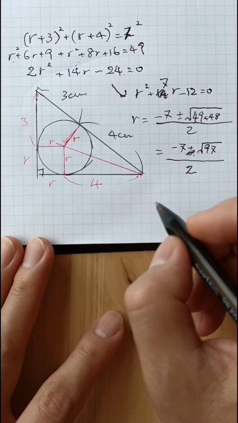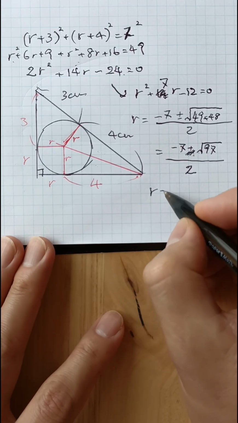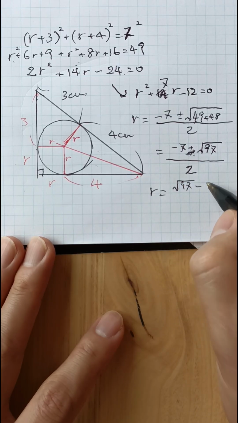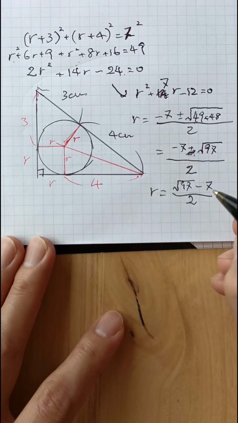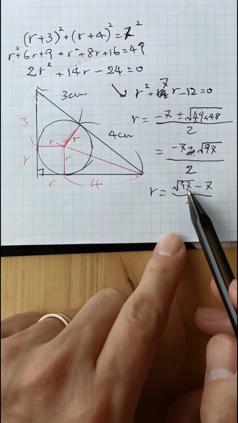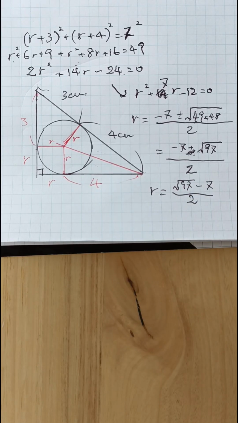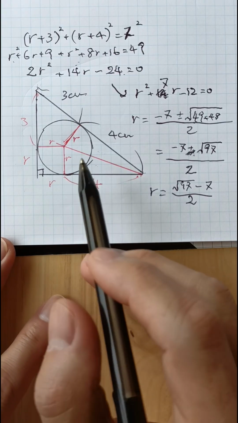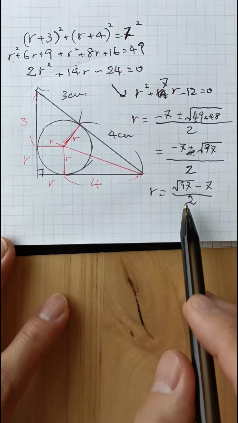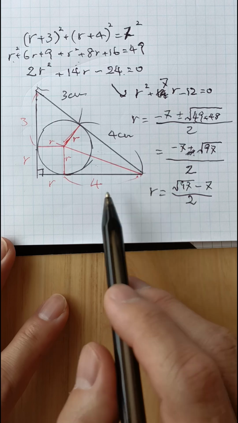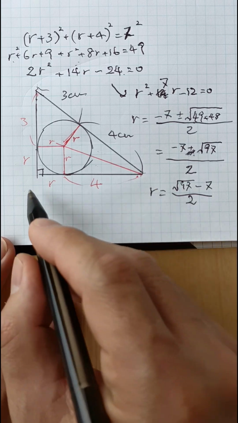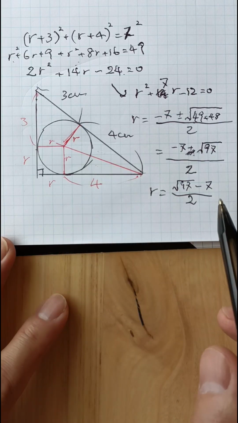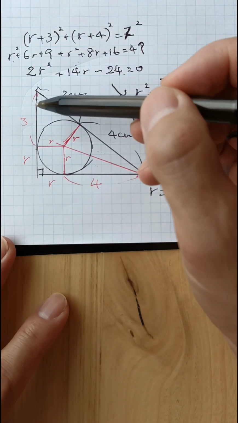So R should be square root 97, take away 7, over 2. I just wrote this one because this one is a bigger number. Okay. Then if you look at this length, if you add this number plus 4 gives you this length, isn't it? And then if you add 3 on top of this one, you get this length, isn't it?